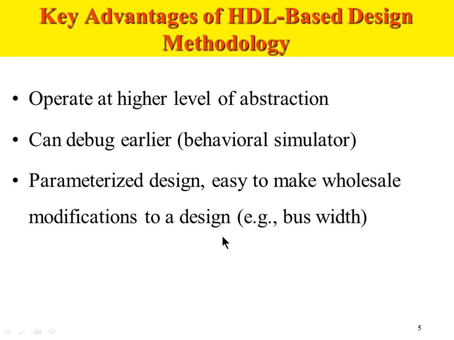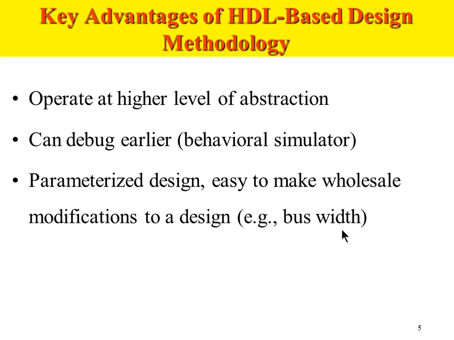So, parameter is a concept in Verilog where, for example, bit width. We define a parameter called bit width. We define it once and then we use that instead of hard coding. Let's say I want to develop a processor which is 8-bit at this moment. So I will declare a parameter called bit width. I will declare bit width equal to 8.